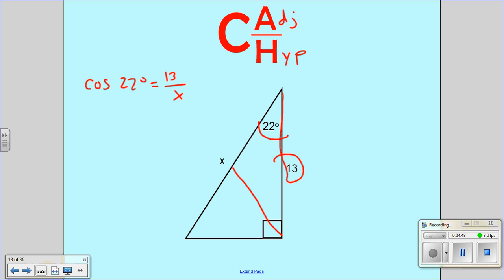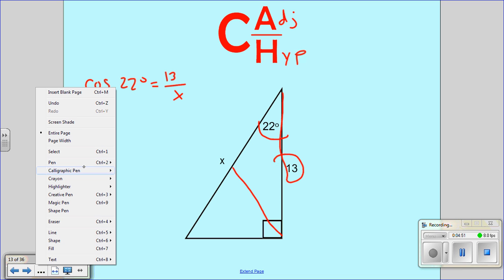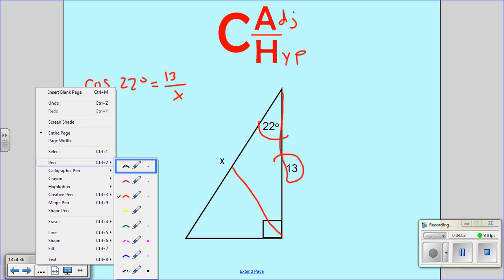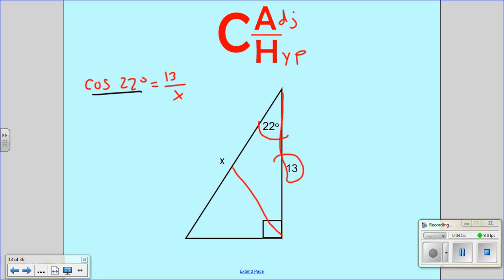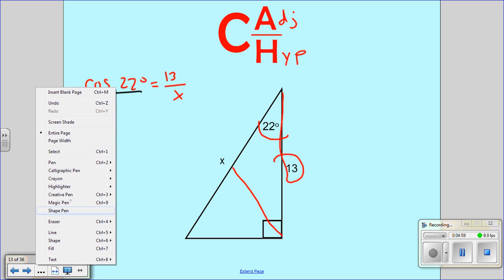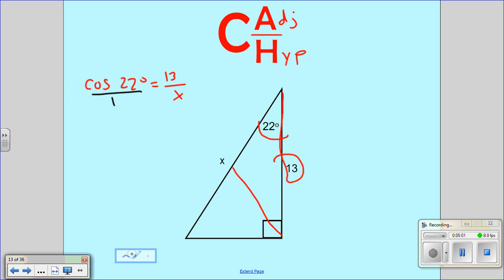So now to solve for x, I'm first going to put cosine of 22 degrees over 1, and then cross multiply. Then you would get 13 is equal to x times the cosine of 22 degrees.